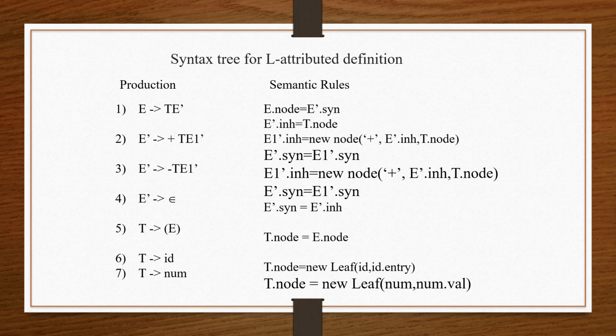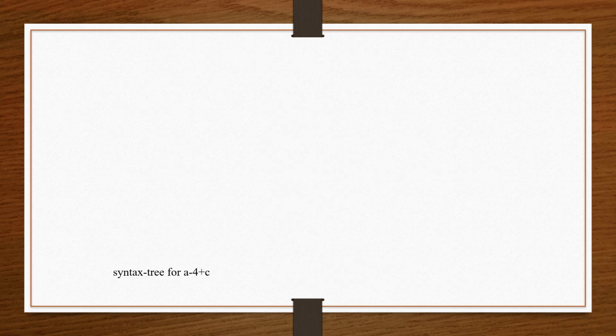Now let us consider the same example, that is A minus 4 plus C. Since there is no more input, look at that. So E dash dot inh denotes the syntax tree for A minus 4. Actually, first what happens? A minus 4 will be calculated. The result is added with C. That is the meaning here.